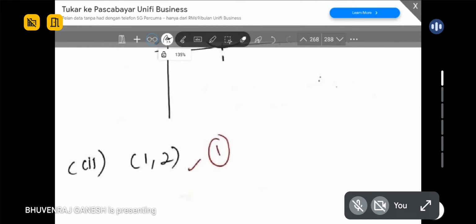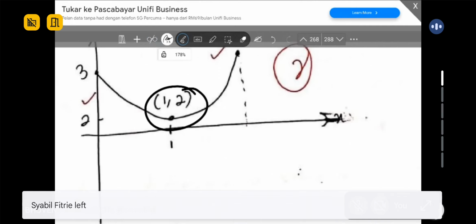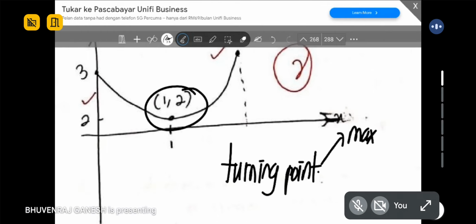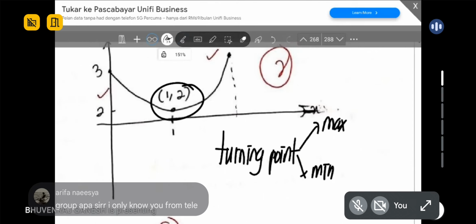So basically the answer is just 1, 2. Remember, guys, turning point, titik pusingan refers to maximum point or minimum point. Max or min. Remember that. No need to do differentiation, guys.